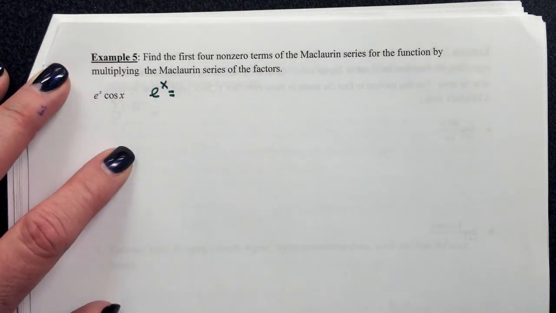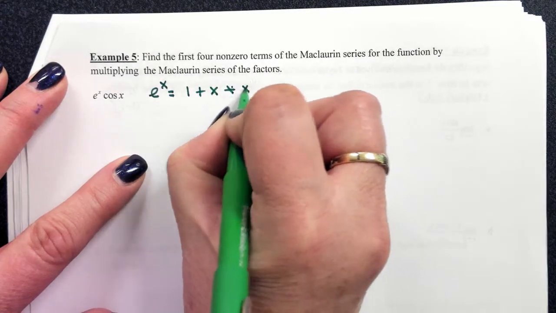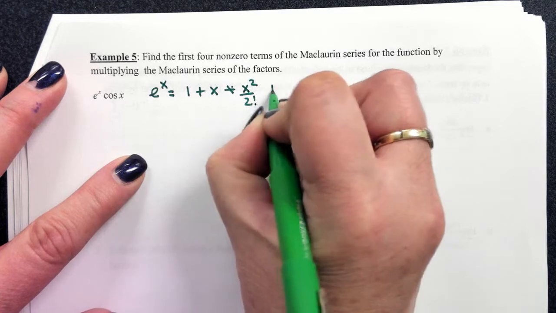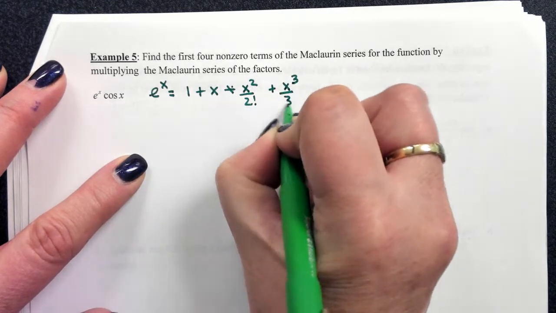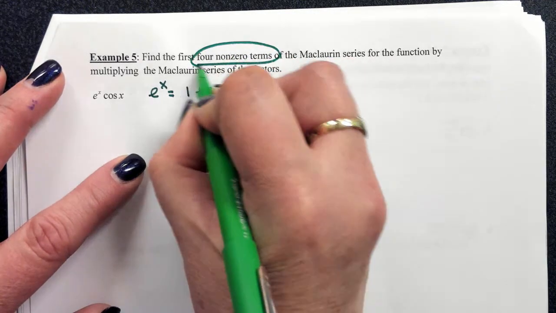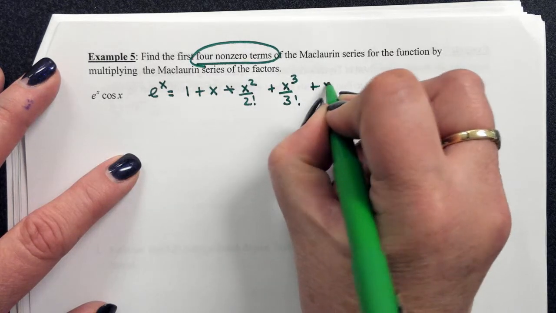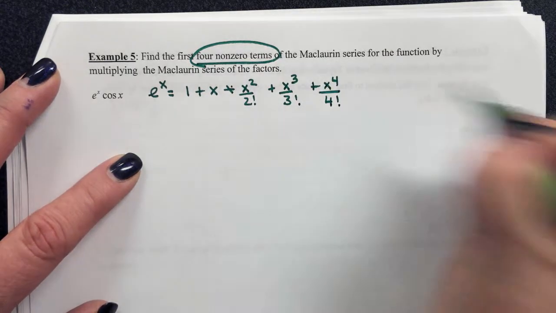Again, looking on your green sheet, remember you've got the 1 plus x squared over 2 factorial plus x to the 3rd over 3 factorial. Again, all I need is the first 4 non-zero terms. I'm going to take it out one more in case I need it.